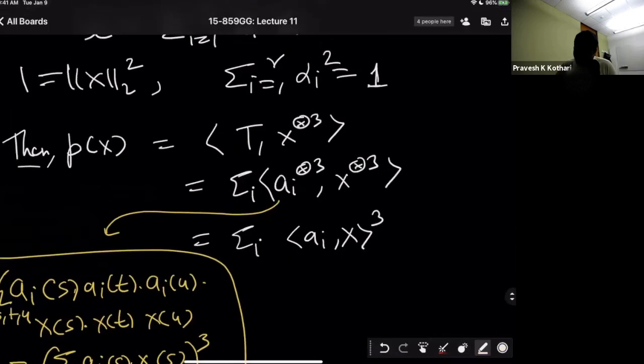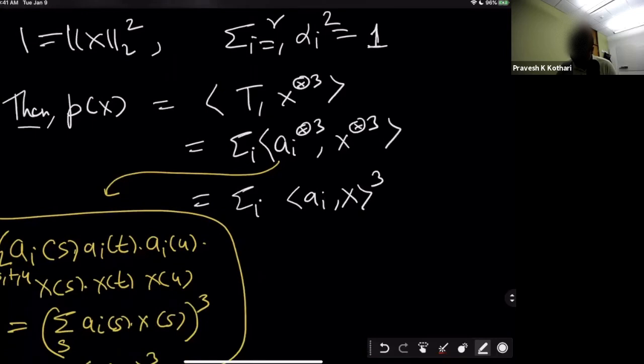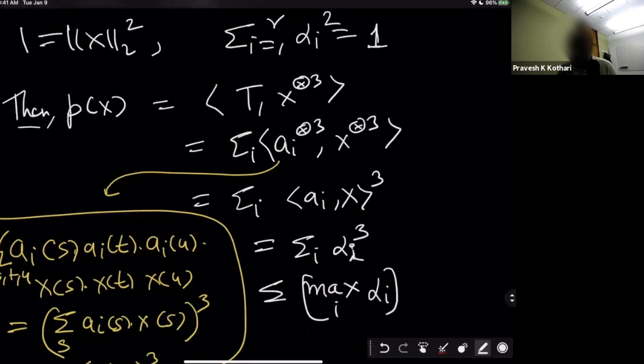And now, because I have this expansion of x in the orthonormal basis a_i, I can compute x · a_i very easily. You can see it is actually exactly equal to alpha_i. So this is the same as alpha_i cubed. Okay. And then I'm only going to observe the following fact, that this is at most the max over alpha_i times the sum of alpha_i squared.